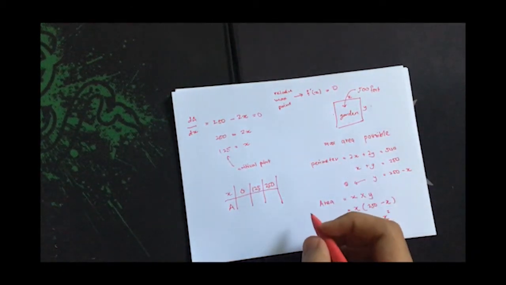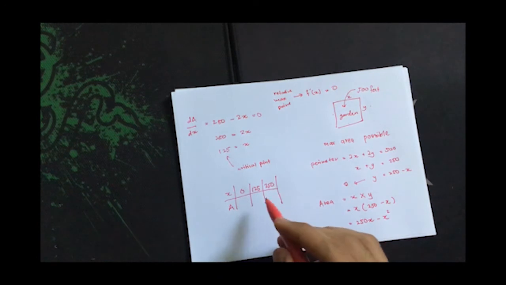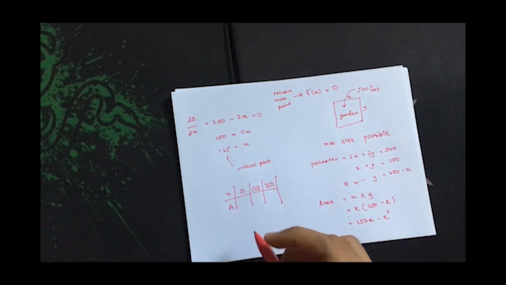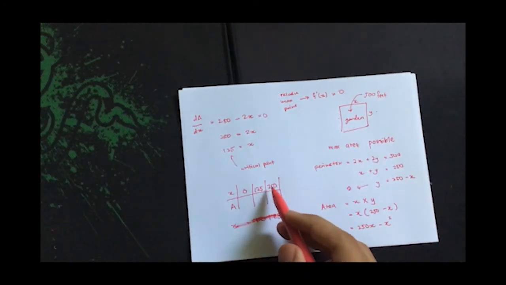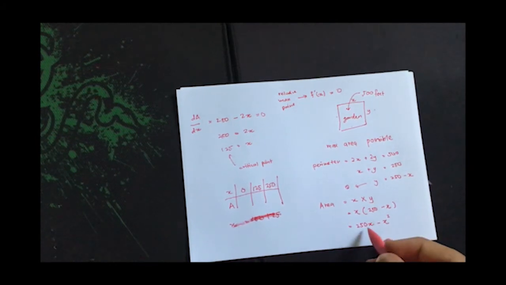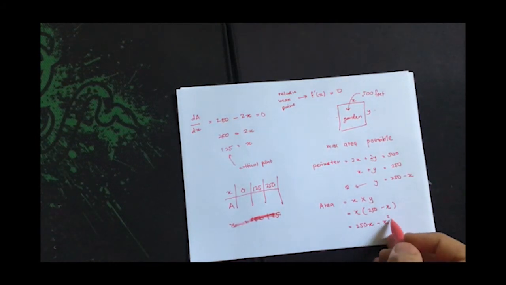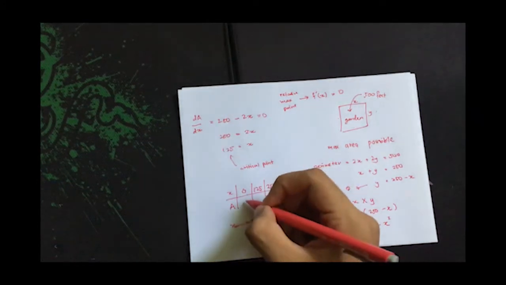That is their maximum. So we're going to find A by putting these inside the formula. 250x minus x power of 2 is going to be 0 here.